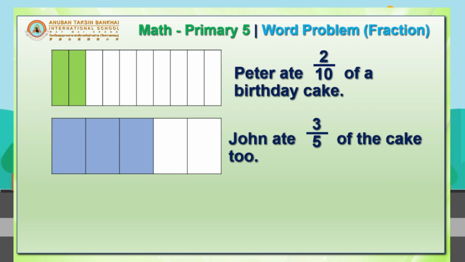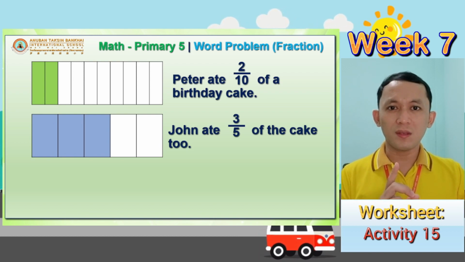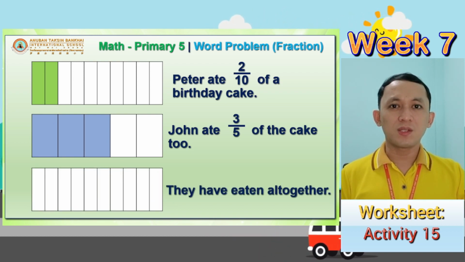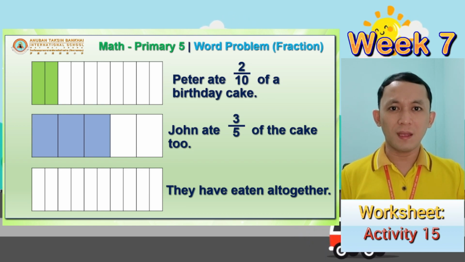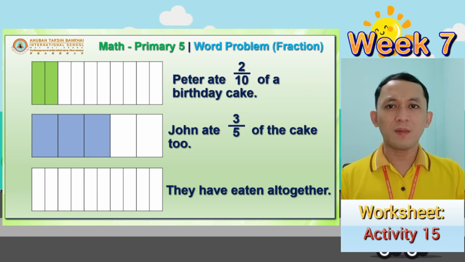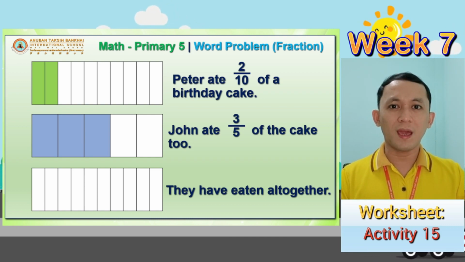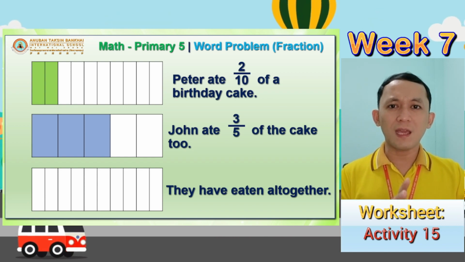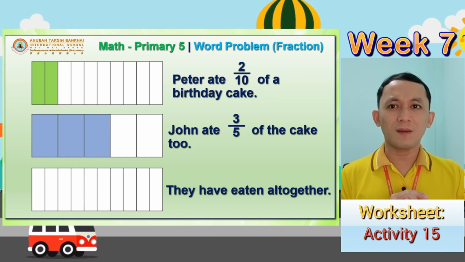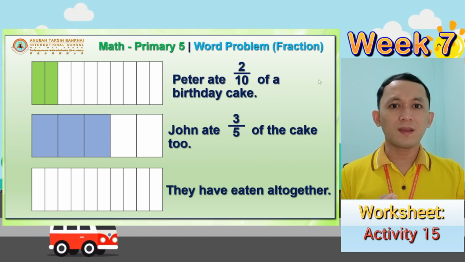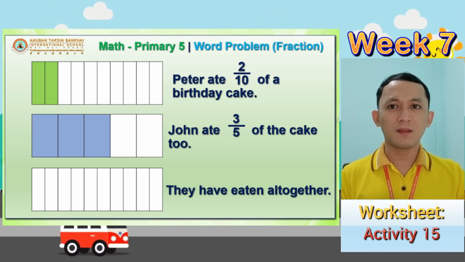Okay, so if we are going to combine this one, take note that you cannot add fractions with different denominators. Okay, so if we're going to find the LCM of 10 and 5, we have, of course, 10. So now let's try to have the same representation, but this time we are going to have 10 as our denominator.